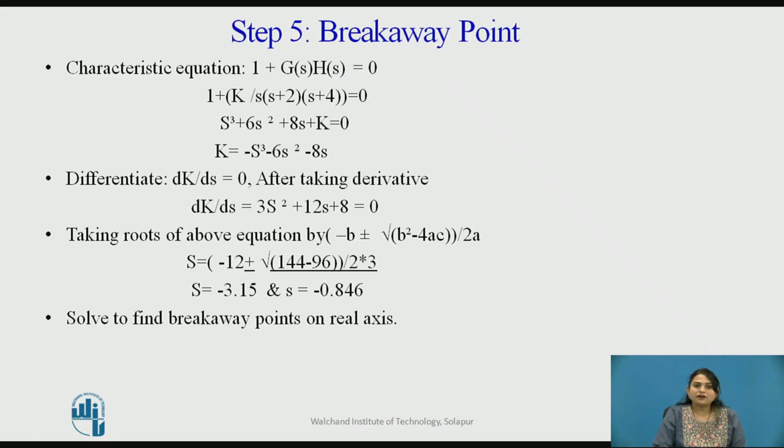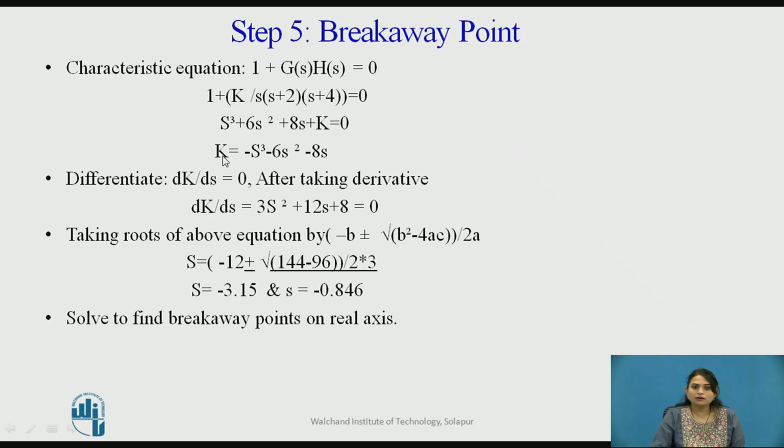Step 5: the breakaway point. For its calculation we use the characteristic equation 1 plus G(s)H(s) equal to 0. In our example G(s) is K upon s(s+2)(s+4) and H(s) is 1. On cross multiplication we get the equation s cube plus 6s square plus 8s plus K equal to 0.